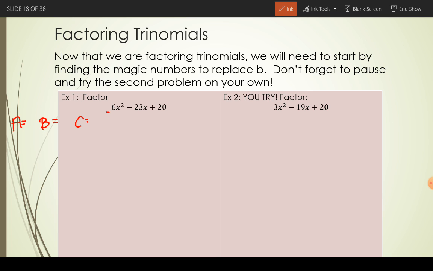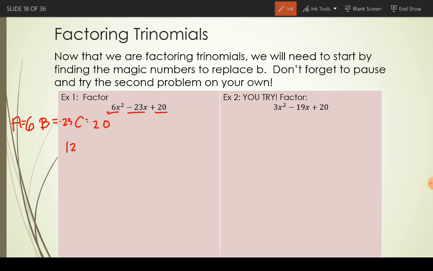So a is going to be the number in front of x squared, which is just 6, no variables. B is negative 23, no variables. Okay, and c is 20, just 20, no variable. Okay, so a times c would give us 120.